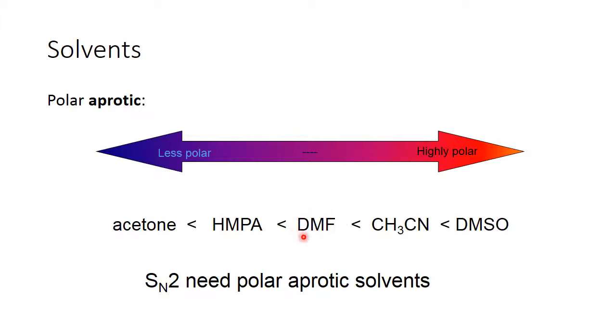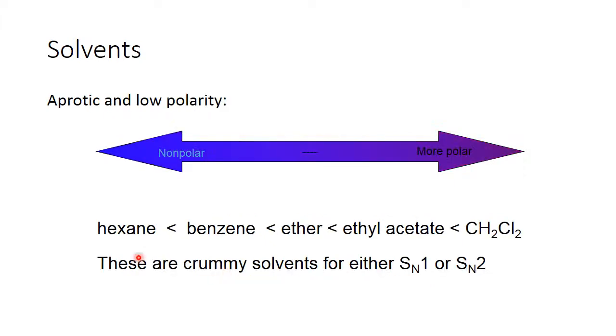It's very polar, but it is beginning to decrease in polarity. HMPA, hexamethylphosphoramide, it's very polar. And acetone. All of these solvents can be used to conduct an SN2 reaction. However, if you use any of the polar protic solvents, they'll basically make an SN2 reaction very difficult, and it won't go ahead.